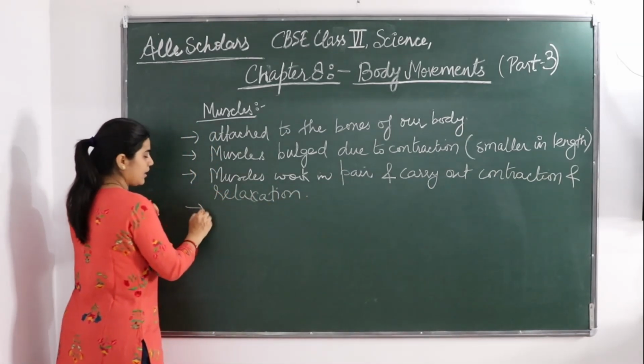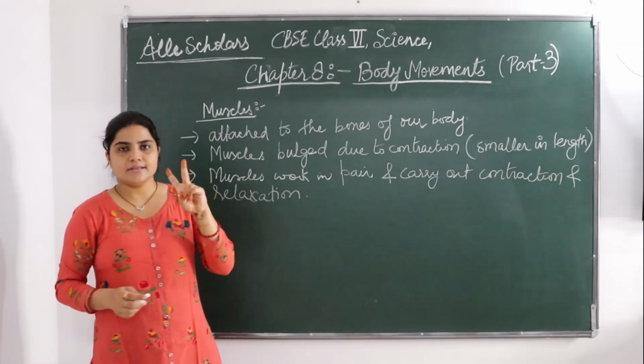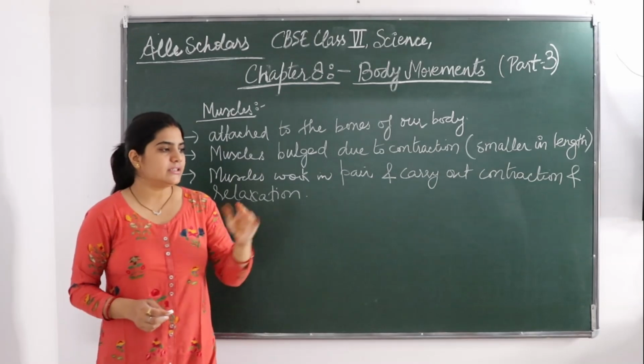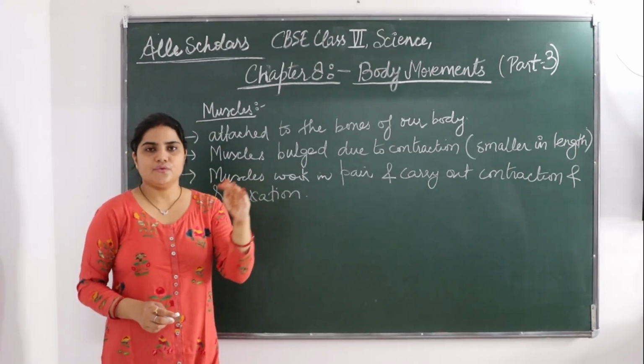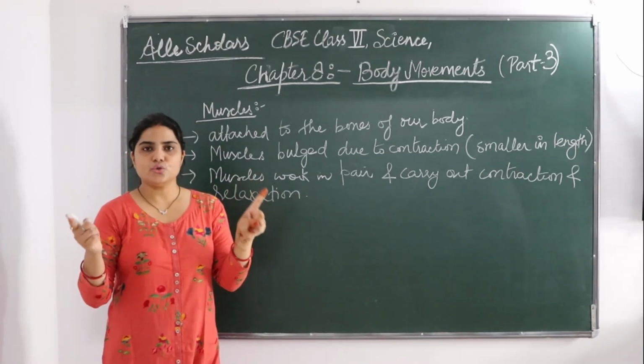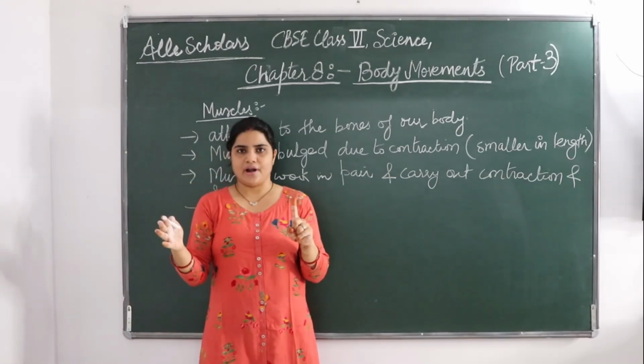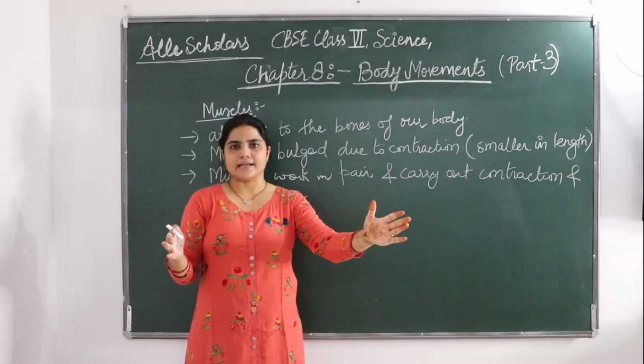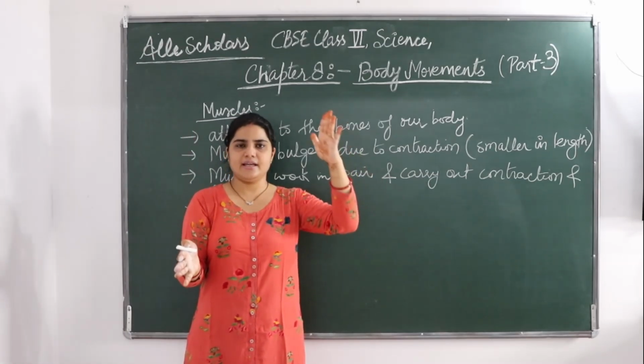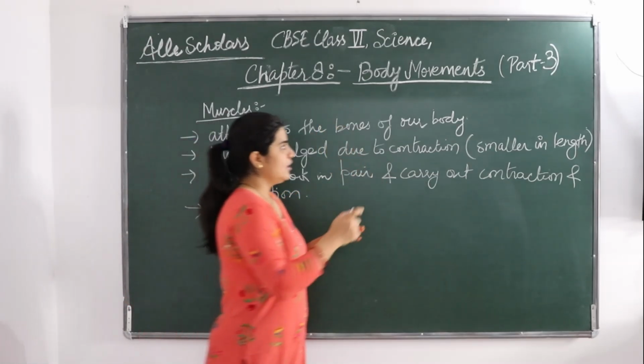Now two muscles have to work together to move a bone. If we want to move a bone, two muscles are going to work together. So one is contracting, the other one is relaxing. Now this one is relaxing and the other one is contracting.